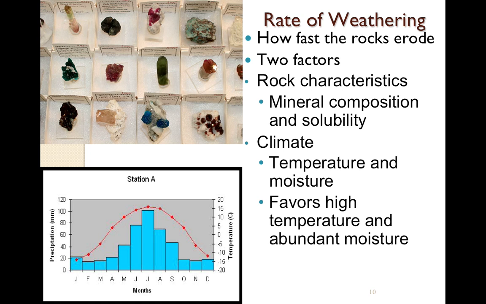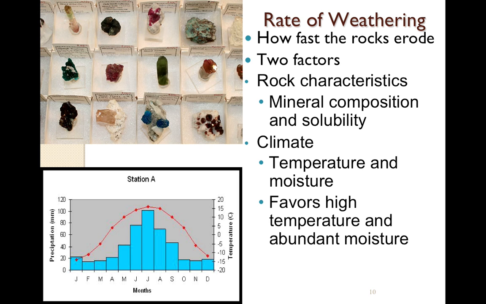The rate of weathering basically refers to how fast the rocks are going to erode. Are they going to erode fast or slow? Remember our granite headstone and our marble headstone: one of those is going to erode faster than the other, basically due to two factors.